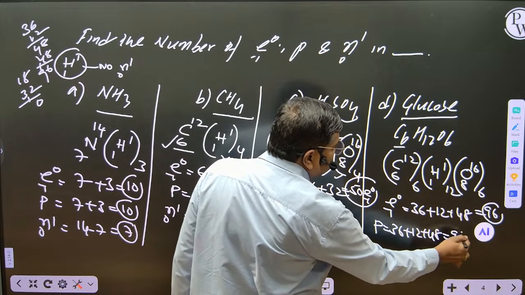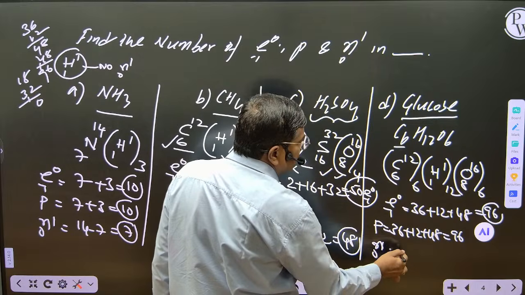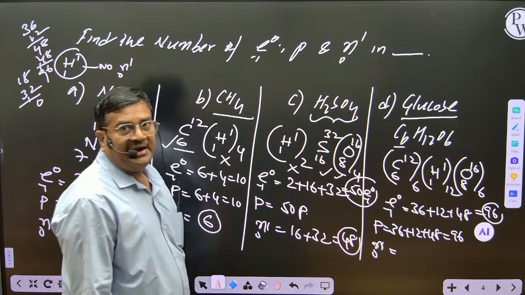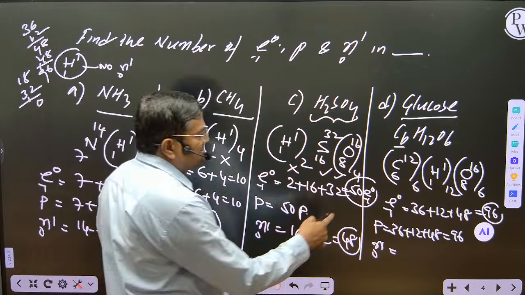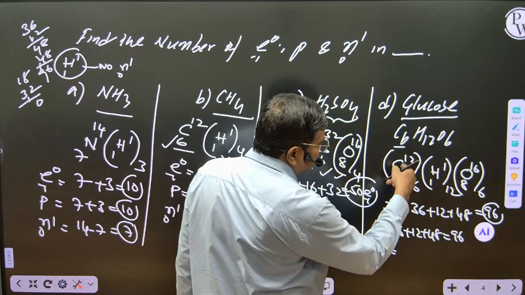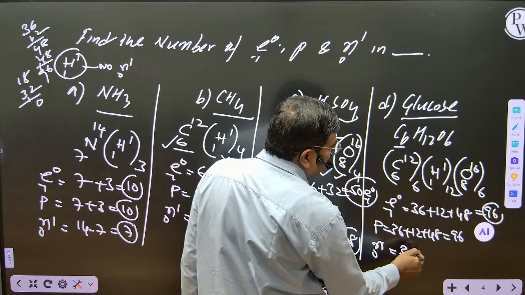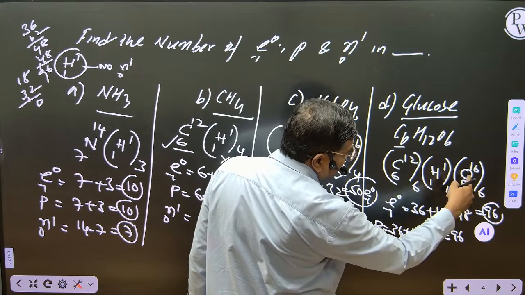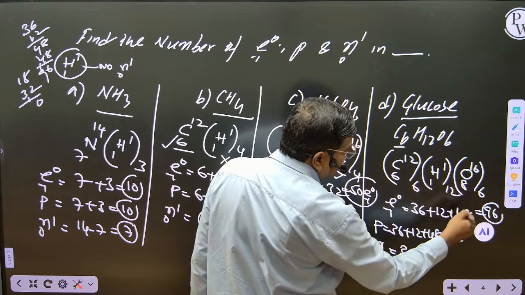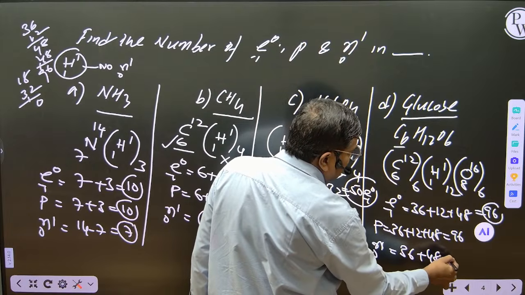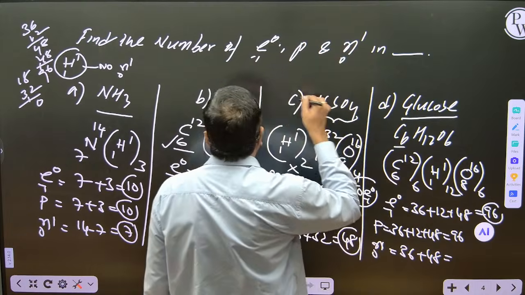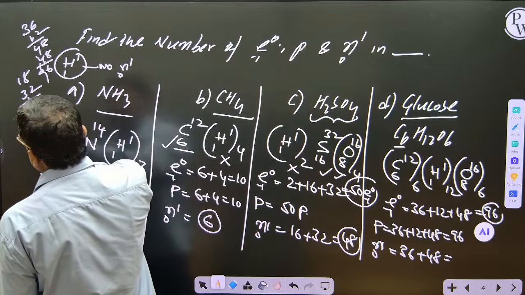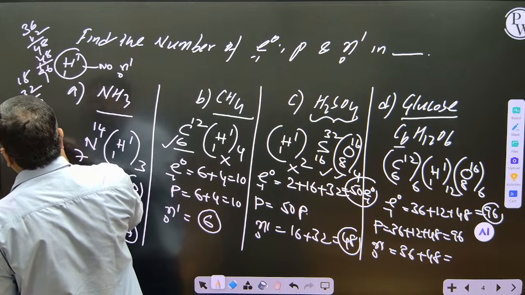96. But neutrons would have been asked. I should not consider from hydrogen. Hydrogen doesn't have any neutron, so only from carbon, 6 6s are 36, plus 16 minus 8 into 6, 6 8s are 48. That means I have to deduct 12. 36 plus 48, that comes 84.